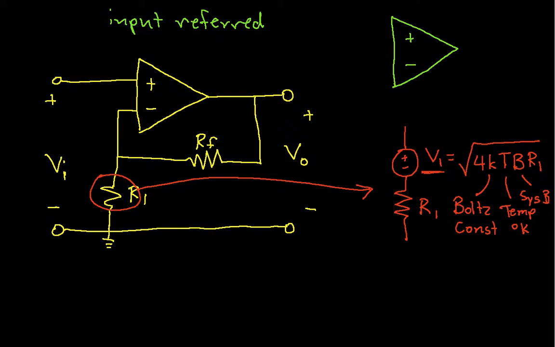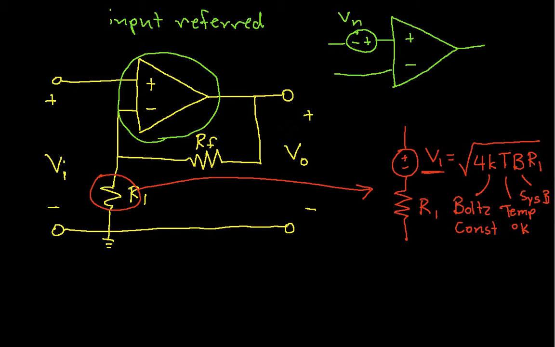The idea is that this real op-amp that's got noise everywhere will be represented by a voltage source, which we might call Vn, connected to the non-inverting input of the op-amp, and then a noiseless op-amp here.